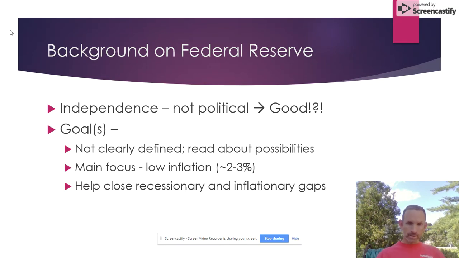That should make sense because, as you should know by now, monetary policy, controlling the size of the money supply, plays a serious role in the rate of inflation. So having the group that controls the money supply look at inflation as its main target makes sense. But also at times, if we get into a recession or a period of serious inflation, the Fed will operate monetary policy to try to close those gaps and get us closer to a stable place where we should be. So that's a little bit about what the Fed actually does.